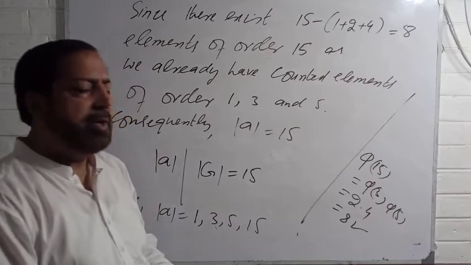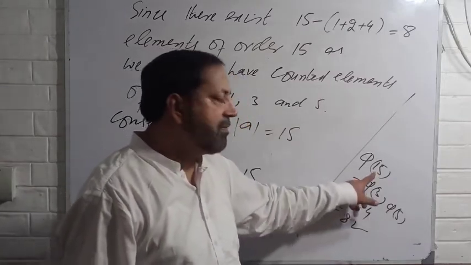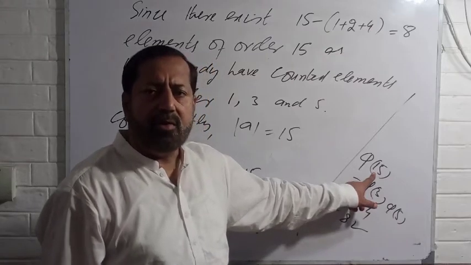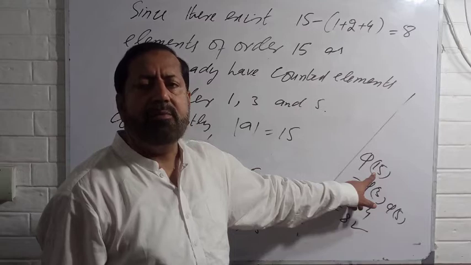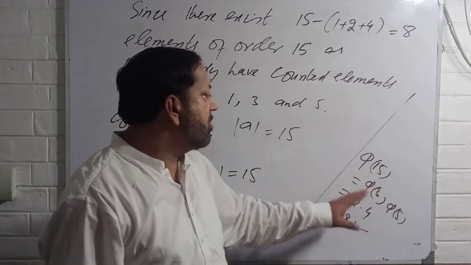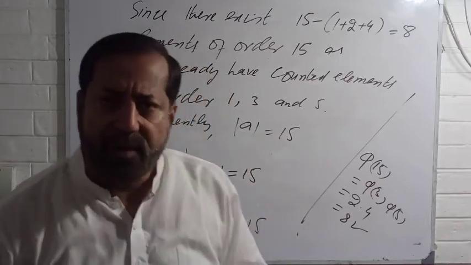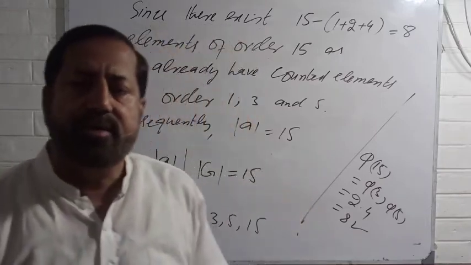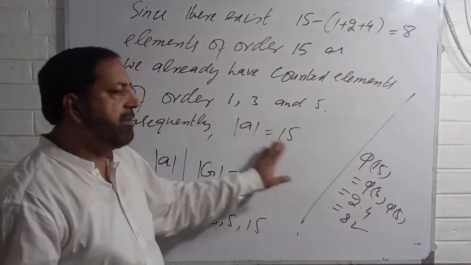Also, we know that there are 8 numbers from 1 to 14 which are prime to 15, right? So this means that 8 powers of A are in fact the generators, so that's why there must exist an element A of order 15.